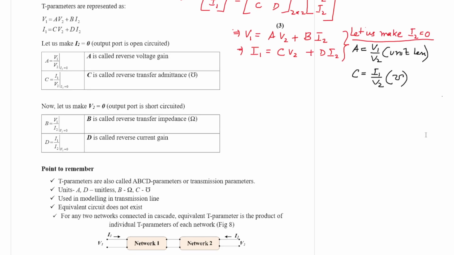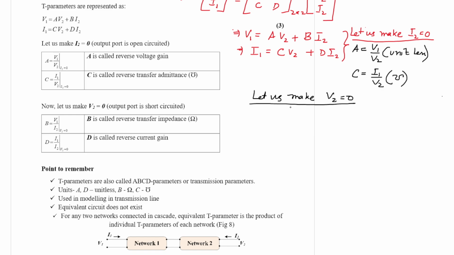Now on the other hand, let us make V2 equal to 0. At first we were making I2 equal to 0, that means open circuiting the output port, and now we make V2 equal to 0, that means short circuiting the output port.